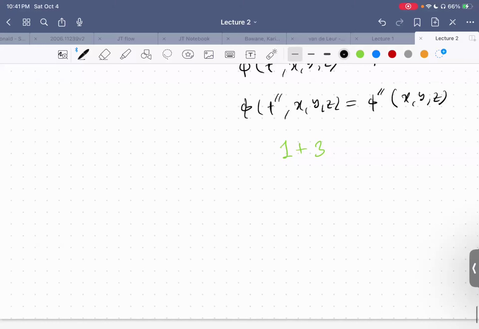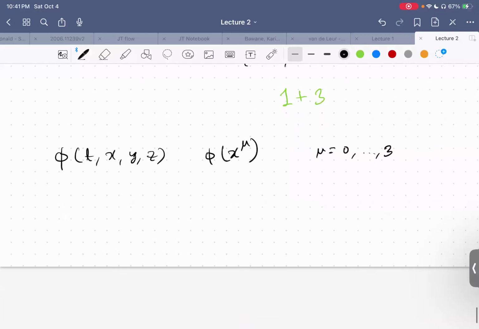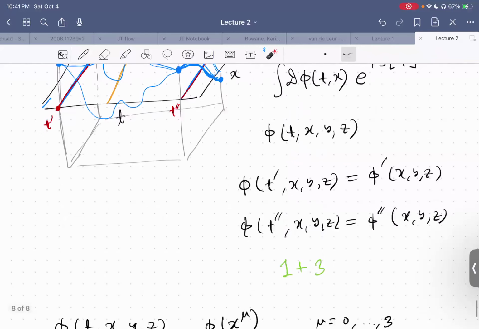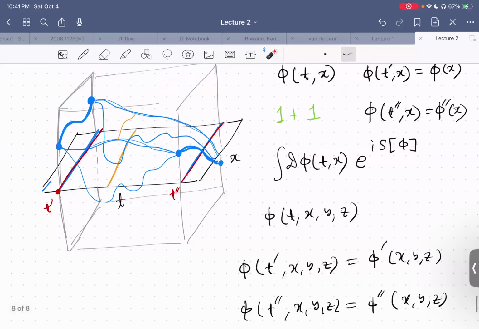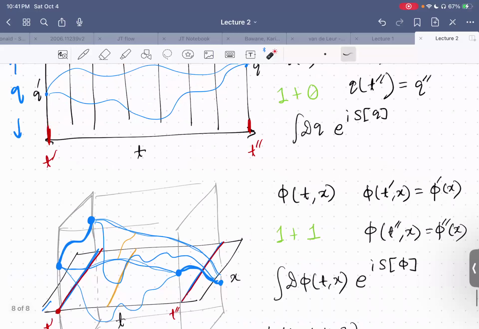So for any function t, x, y, z, or we will from now on refer to it as phi of x mu, where mu goes from 0 to 3, we have to figure out some way of producing a real number, right? So that we can compute these things.